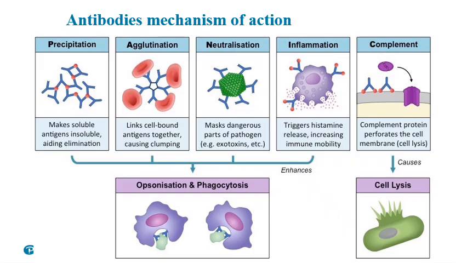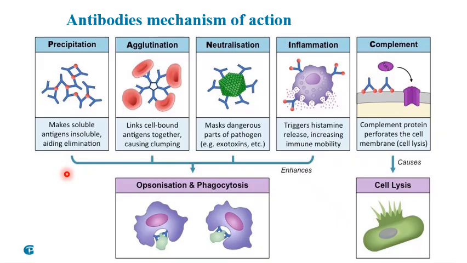So, how do antibodies fight, or what is the mechanism of action of antibodies? Well, they do different things. They could precipitate, agglutinate, neutralize, increase inflammation, and stimulate the complement reaction.